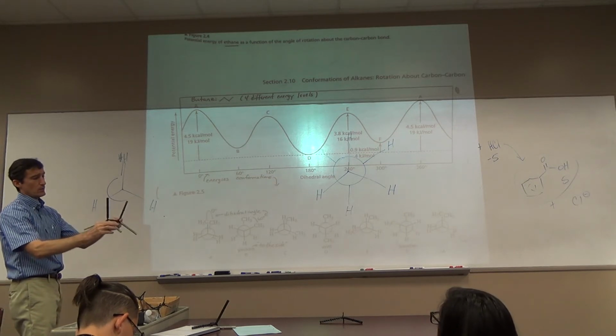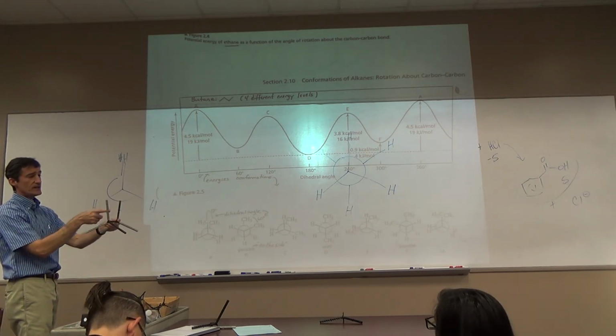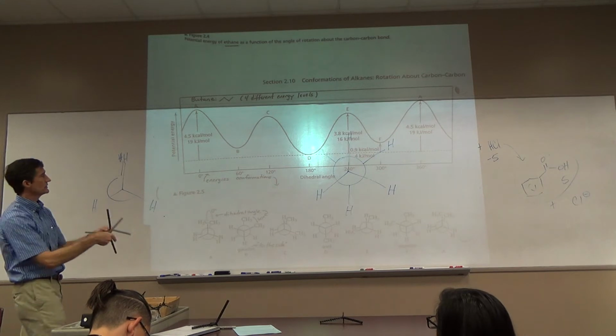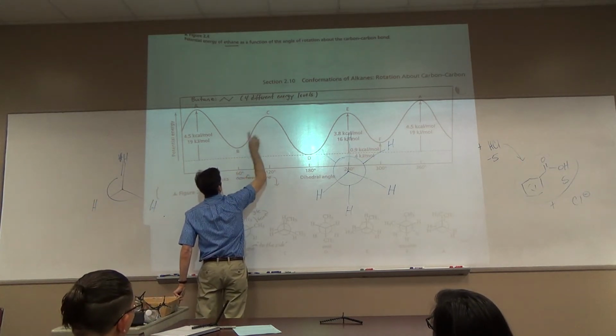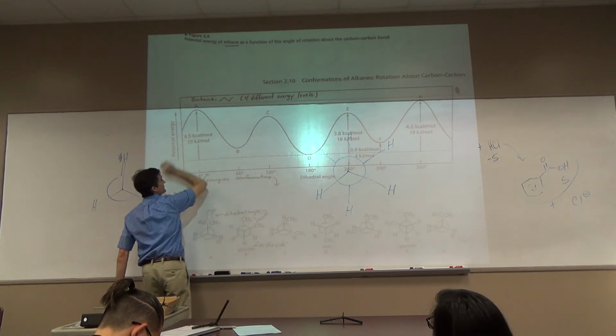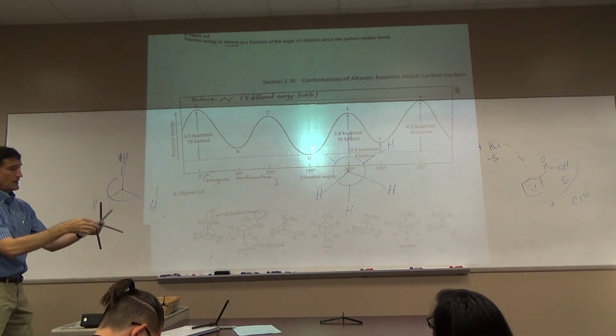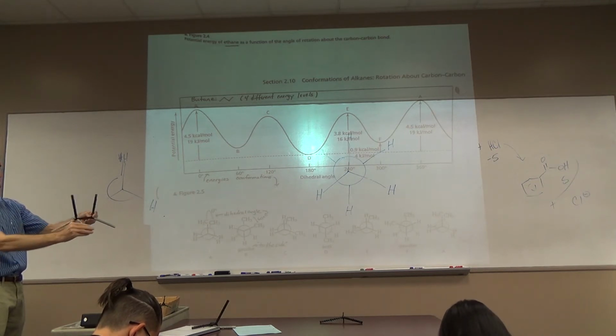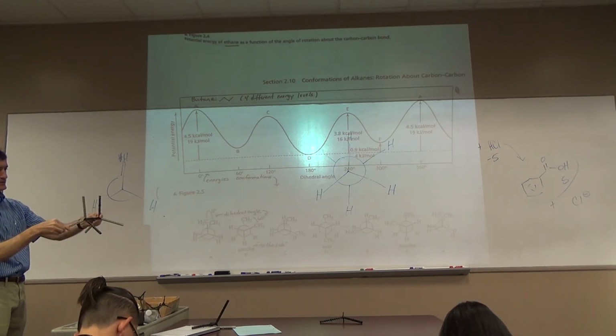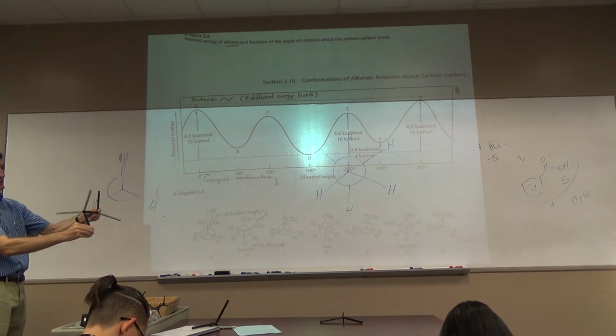So, where are we at? Here. So it is eclipsed, but it's not as bad as the original eclipse. So we have C. It went up in energy compared to this, but not as bad as the original. Let's rotate 60 more here.